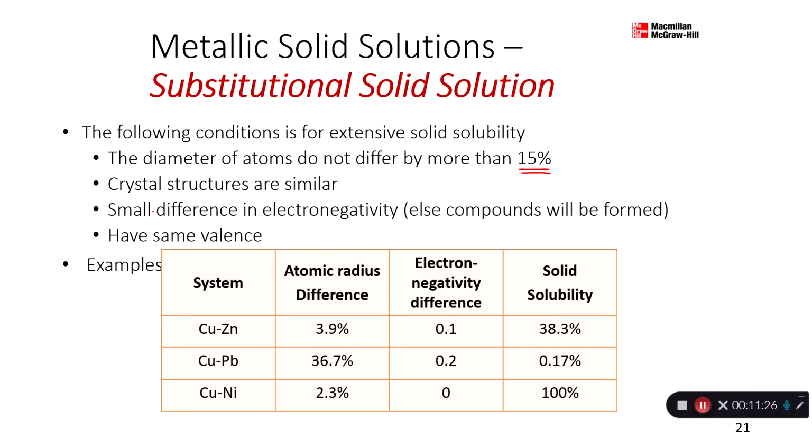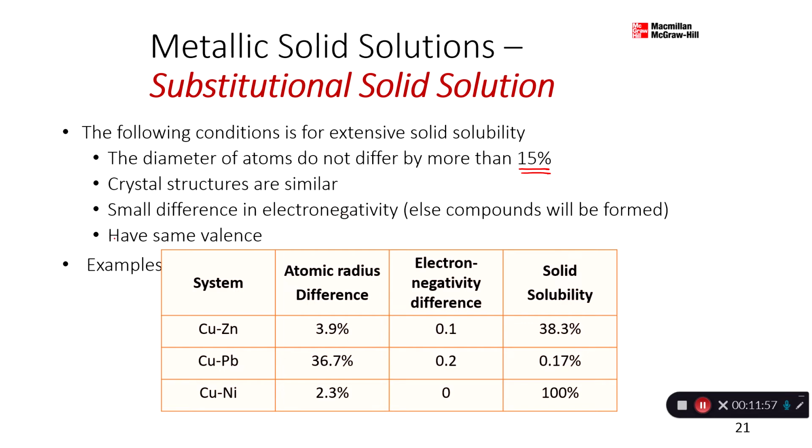The third one is small difference in electronegativity. Why? Because if it's very different in terms of their charge, then they will form a chemical reaction, compounds. So there has to be small difference in their charge.